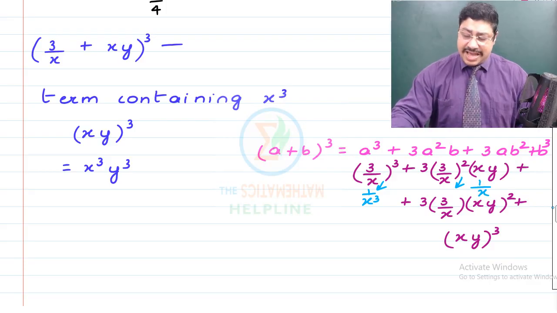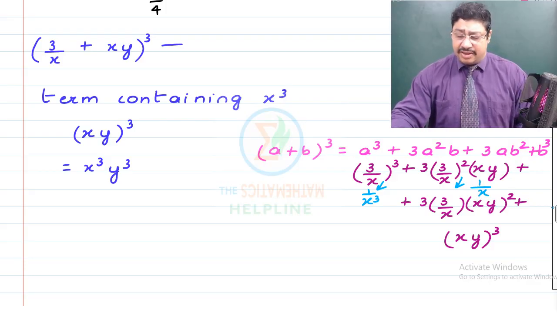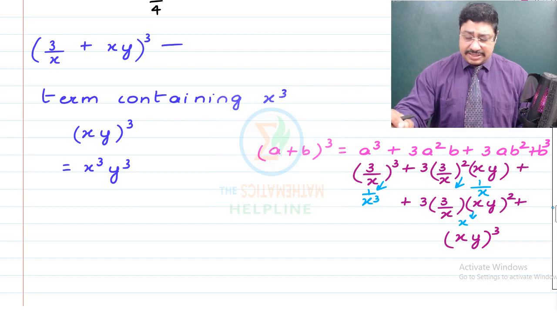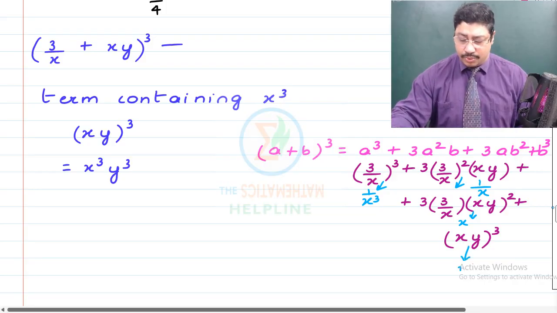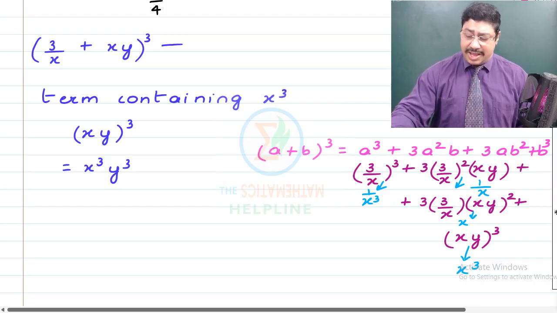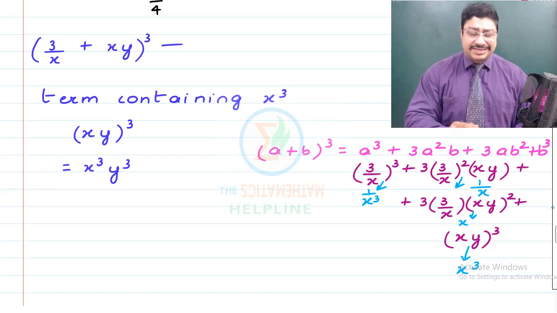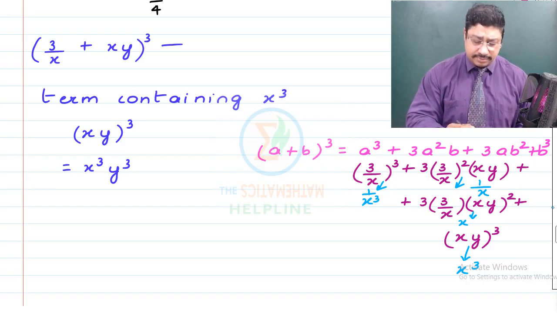Now, if you talk about the next one here, we have x, which is going to come as the term with x, because in the numerator the power of x will be 2 and in the denominator the power of x will be 1. Finally, you will get a term with x cube, as this is (xy) whole cube, so that will become x cube y cube, right? We are not interested in y, so as such we'll remove this y. So thus we are interested in the third term, right?